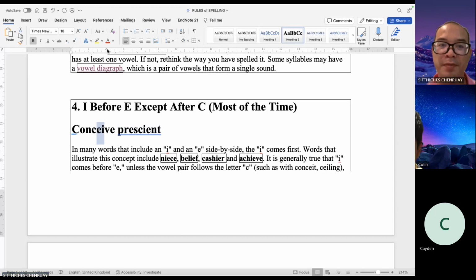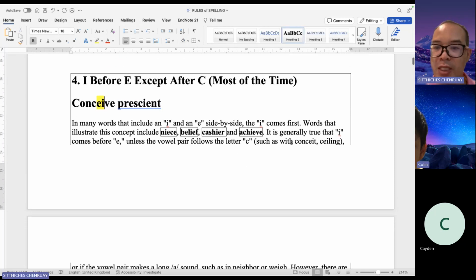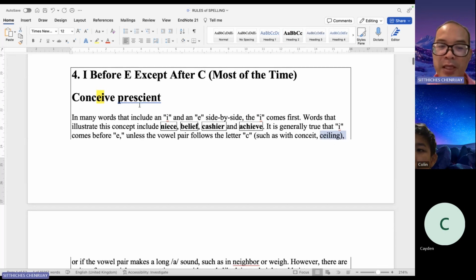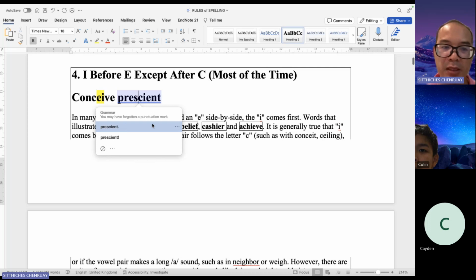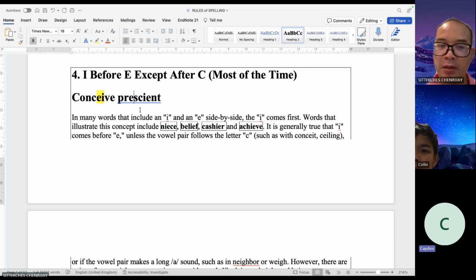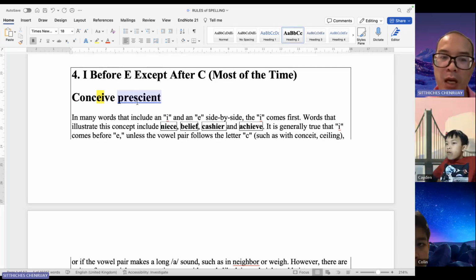Such as conceit, ceiling, conceive. But prescient, because it's from the root word, is not CEI.